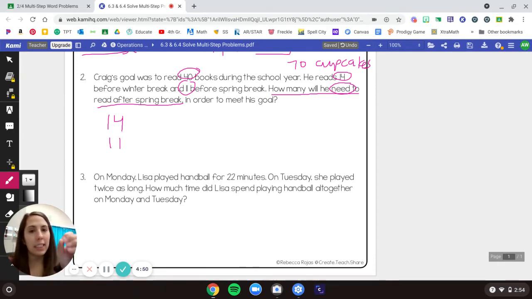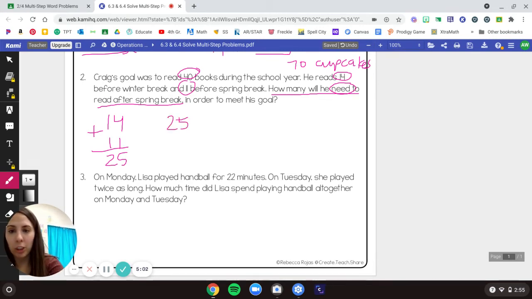They don't tell us that, but they give us the clues to help us. We need to add these together to get 25. Now, we know he has 25, and we're trying to get up to 40.